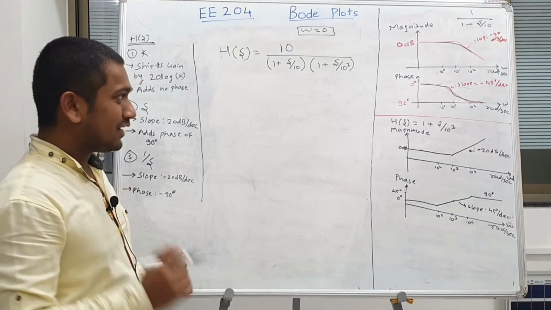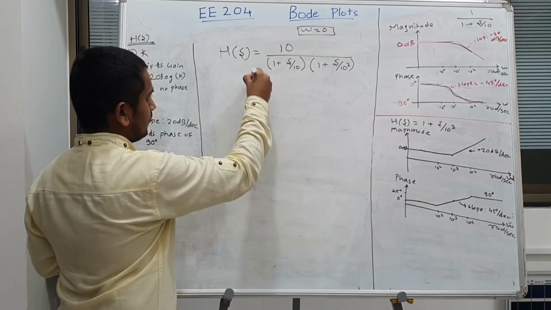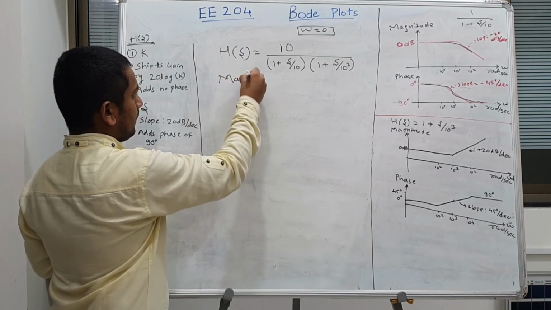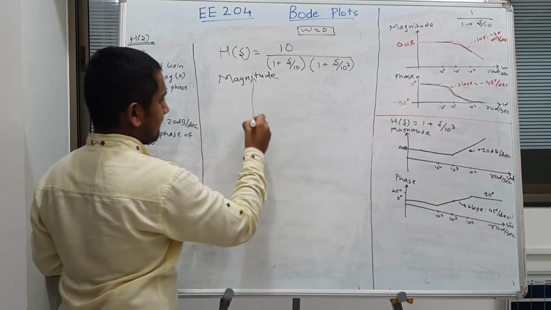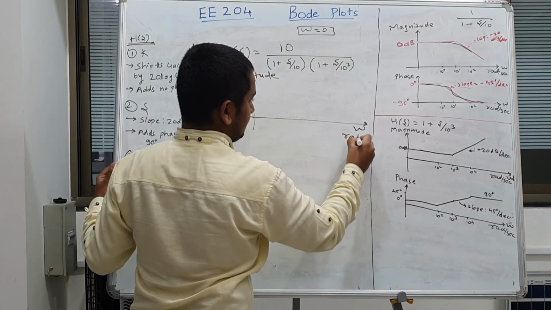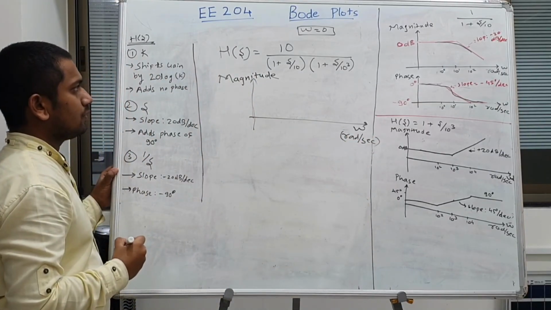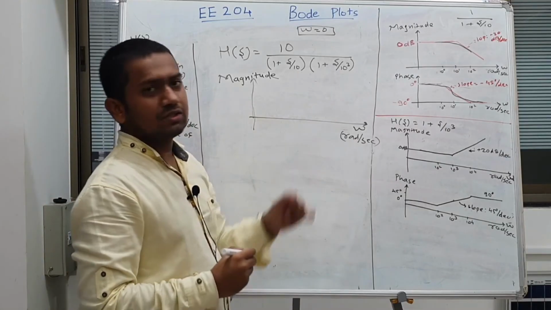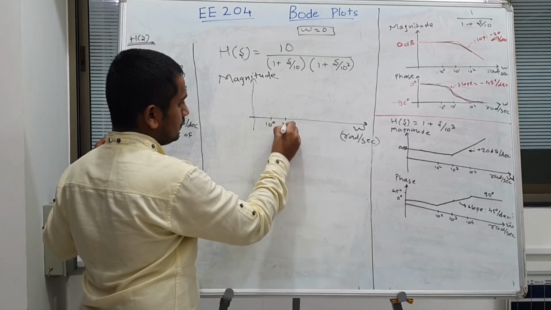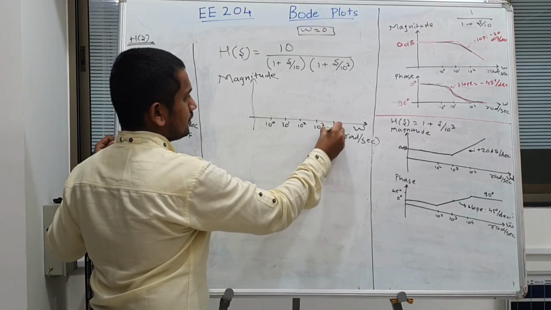Let's draw the magnitude plot with our understanding. The frequency is radian per second. We'll write the frequencies which are of our interest: 10 to the power 0, 10 to the power 1, 2, 3 and 10 to the power 4.